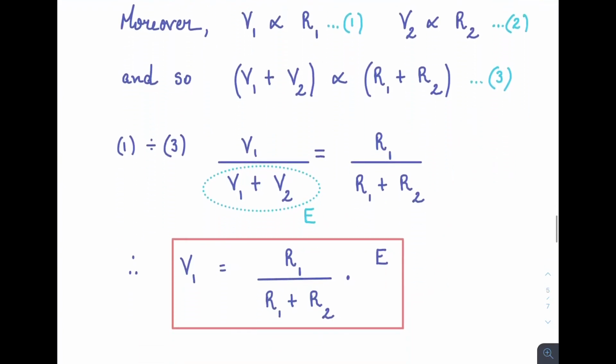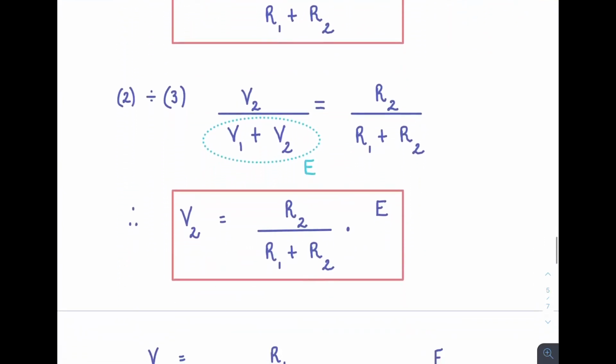And here we have the first result, where the voltage across resistor 1, V1, is found by dividing its resistance, R1, by the total resistance in the circuit, and then multiplied by the battery's EMF, E. So what we're saying here is that R1, resistor 1, takes a fraction of the battery's EMF across it. How much is that fraction? It is this: resistance R1 divided by the total resistance in the circuit.